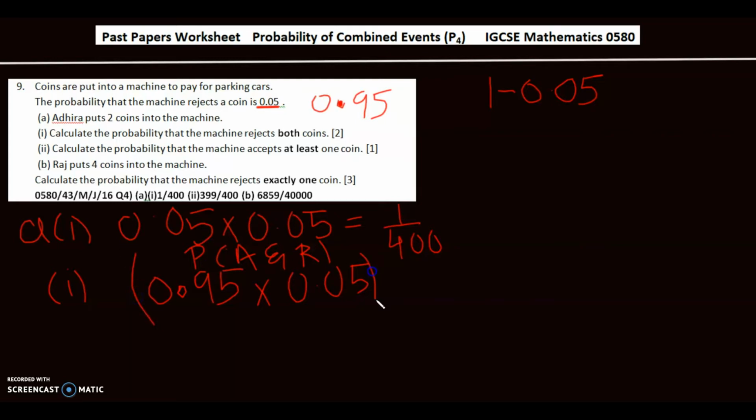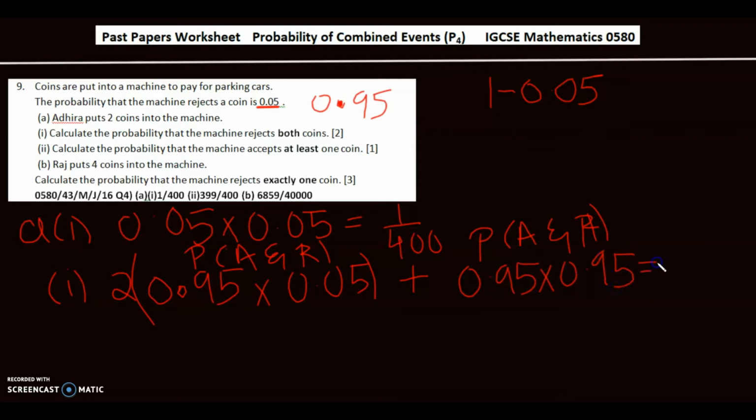So we multiply this with 2 plus the probability that both coins get accepted, because it says at least 1 coin gets accepted, which means both can also get accepted. So we'll do probability of accepted and accepted, so 0.95 times 0.95. This product and sum should give 399 upon 400. So a huge probability of that happening.